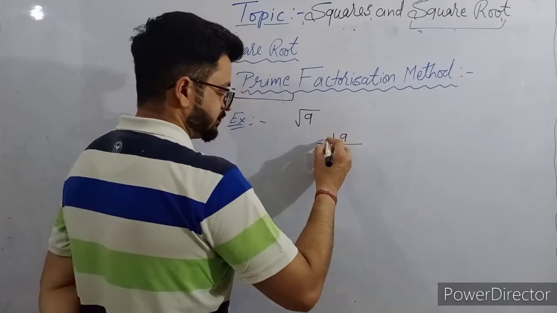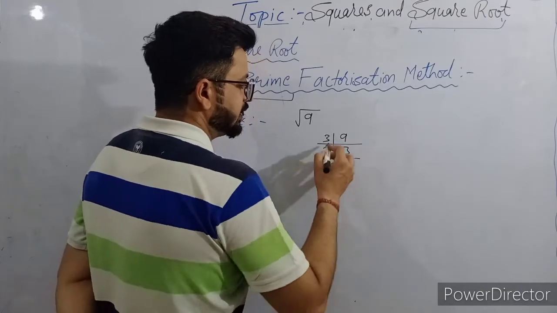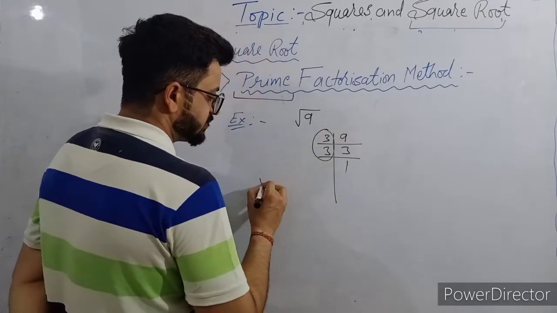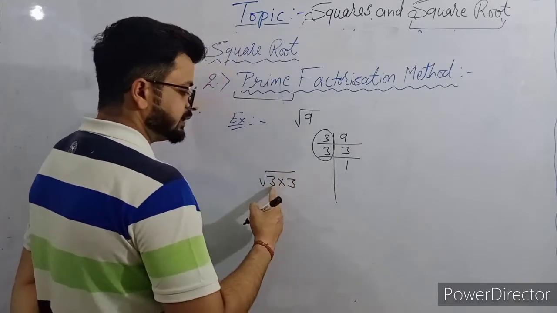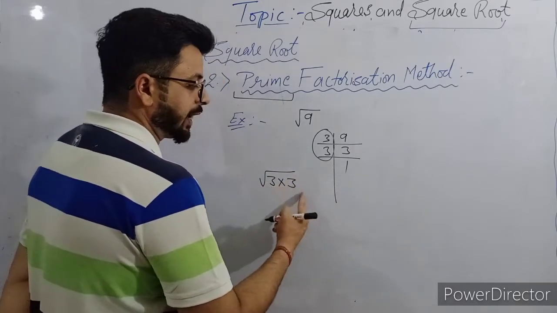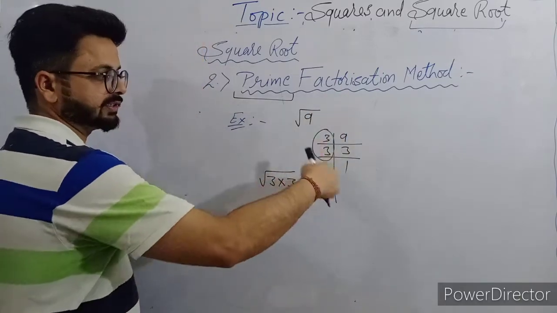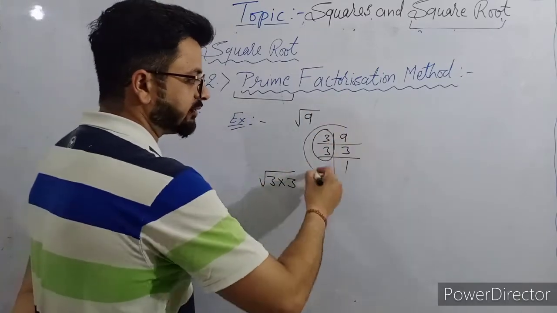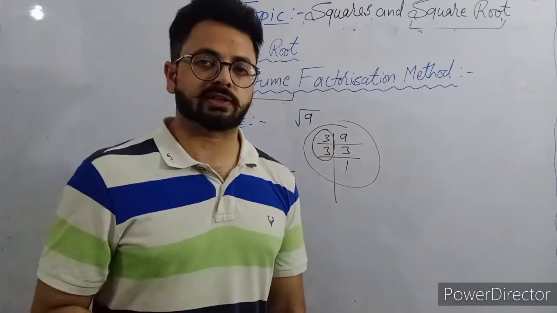Now by 3, yes, it is divisible. Now again by 3, 1. This root 9 we can write as 3 into 3. These are prime numbers and they are in factor form. So this is the prime factorization. This method we call the prime factorization method.